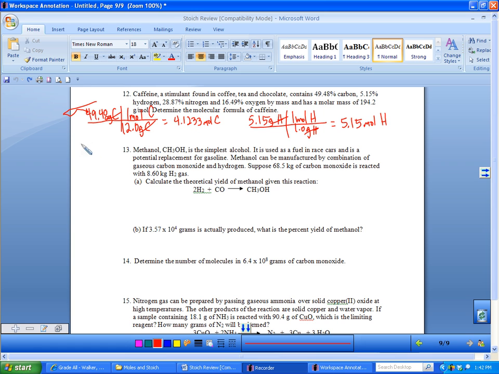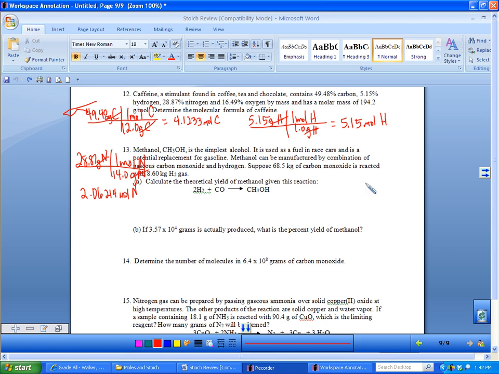Then I wanted to do my 28.87 grams of nitrogen. And 1 mole of nitrogen is 14.0 grams. So when I made that division occur, I got 2.06214 moles of nitrogen.